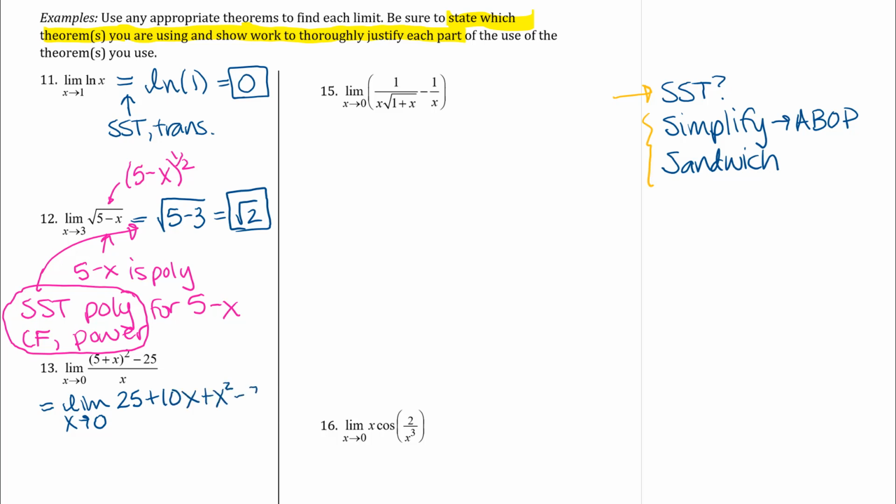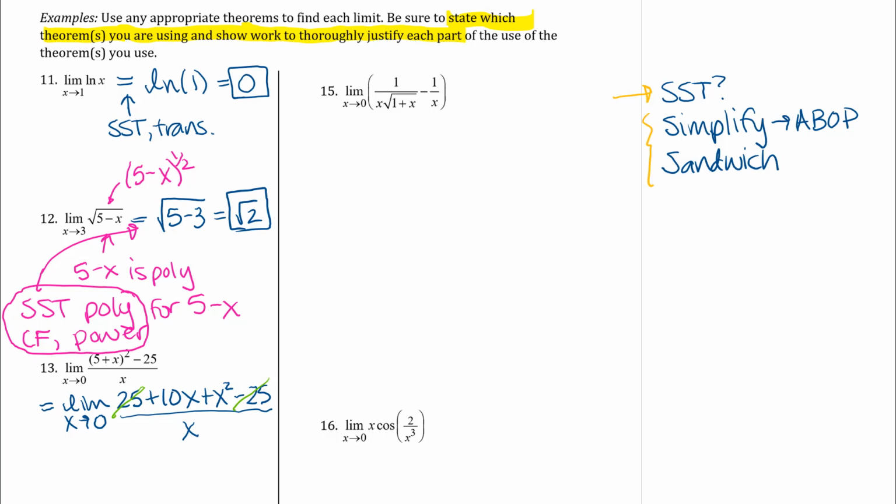And then I also have the minus 25 term on the numerator, and that's convenient because that allows some cancellation. My 25s cancel. And then I still cannot use a substitution shortcut because I cannot substitute in x equals 0. So at this point I really haven't used any theorems. I've just rewritten the function that I have.